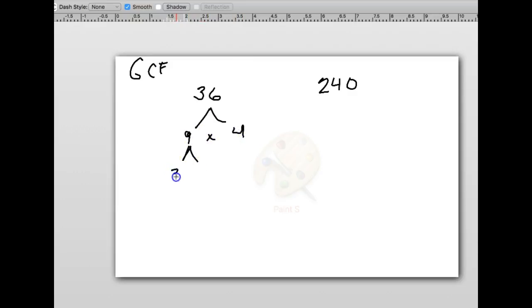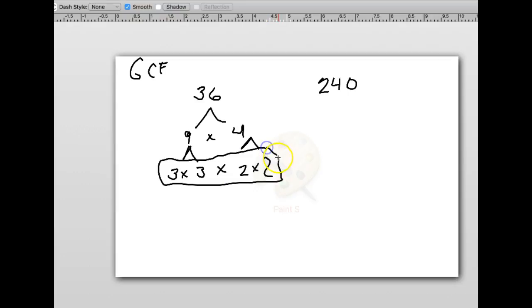Okay, this is 3 times 3, and that is 2 times 2. Okay, if I were to multiply this line right here, I should get 36. Sometimes people leave out numbers. 3 times 3 is 9, 9 times 2 is 18, 18 times 2 is 36.